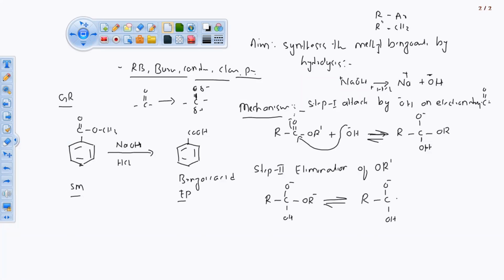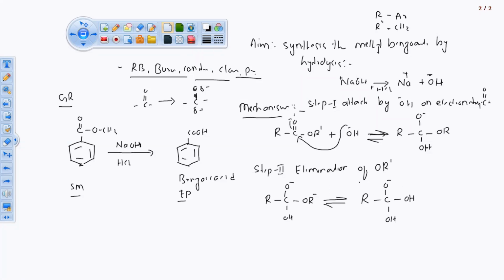For OR dash, what will we get? That is elimination of OR and addition of the nucleophile OH. Okay, water molecule elimination, hydrolysis reaction, it is hydrolysis.